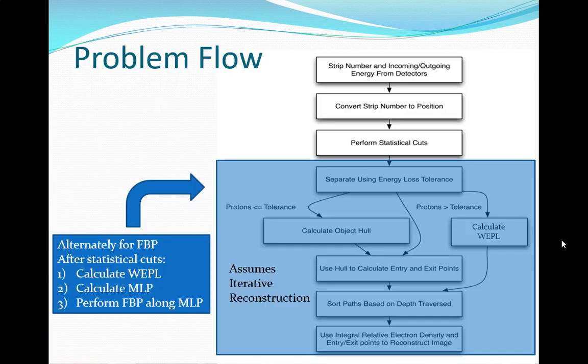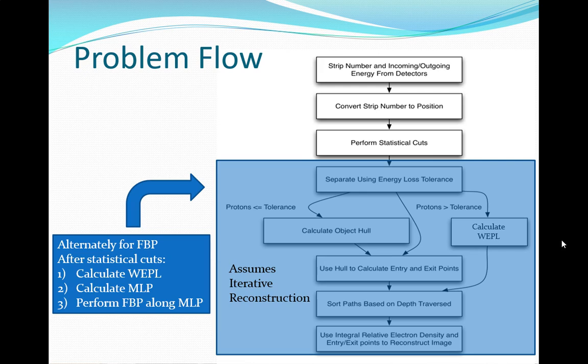Anyway, up till now, this is kind of the problem flow. So you can see the first part up there, that's what we've talked about before. When a proton comes in, we get the strip number. Remember, there are little detectors. And we get the energy. We convert it into a position.